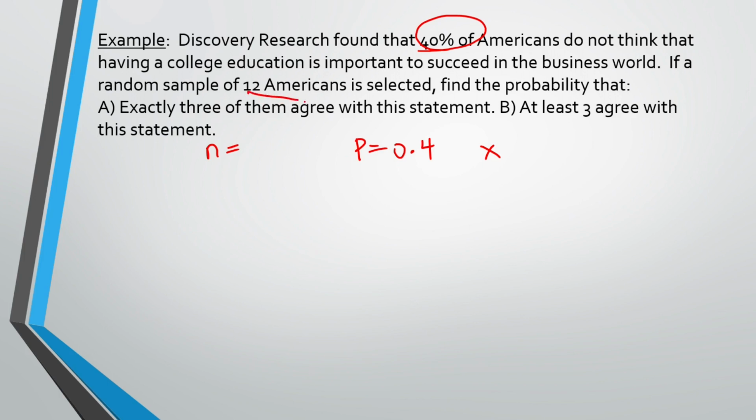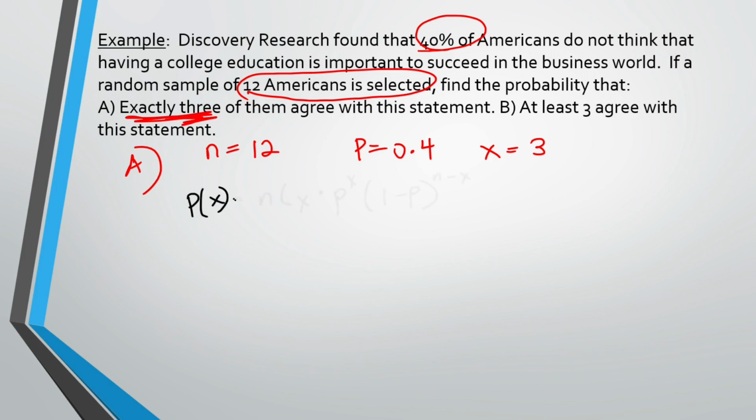N is 12 because we want to pick 12 Americans, that's 12 trials. And for part A, we want exactly 3 of them to agree, so X is exactly equal to 3. Recall the formula again.